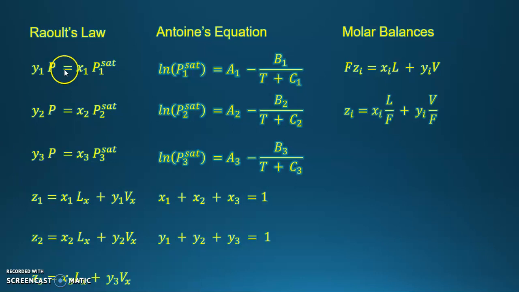In this case, we can suppose that we can use Raoult's law. So, we can write Raoult's law for each compound in the problem. Here we have Raoult's law for the first compound, this is Raoult's law for the second compound, and for the third compound.